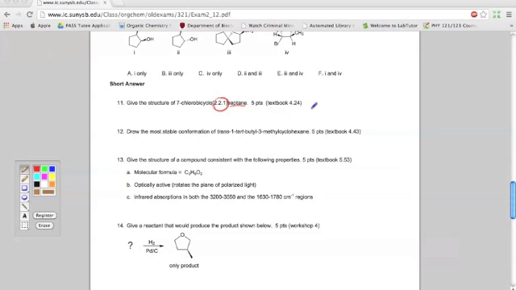So since it's 7, you have 7 carbons. You have 1 carbon here and 1 carbon here because it says 2, and you have 1 carbon here and 1 carbon here because it says 2, and then you have a single carbon in that bridgehead.